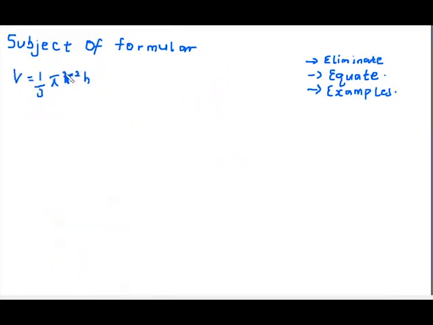So if we're to make r the subject of formula in this equation, first off, we need to break r free from all these other variables. So I have v equals 1 over 3 times pi times r squared, I'm separating the variables, times h.